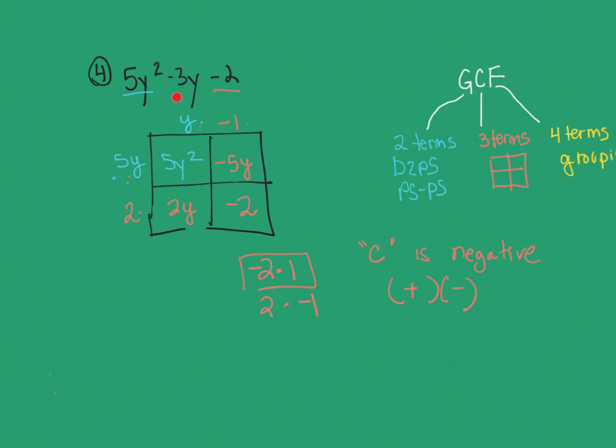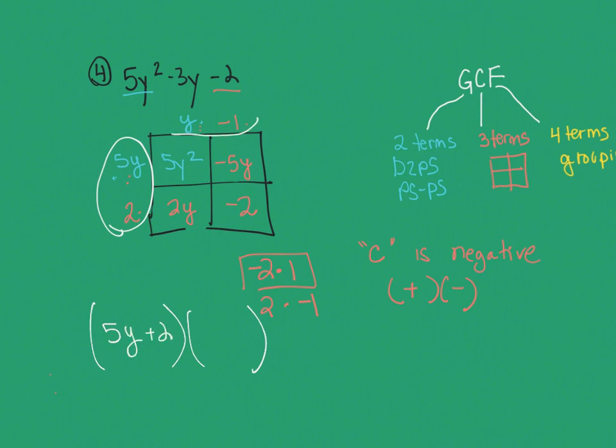So now my sign and my coefficient are correct. And then there's my -2. That tells me that I now have my correct set of factors. This is going to be 5y plus 2. And this is going to be y minus 1.